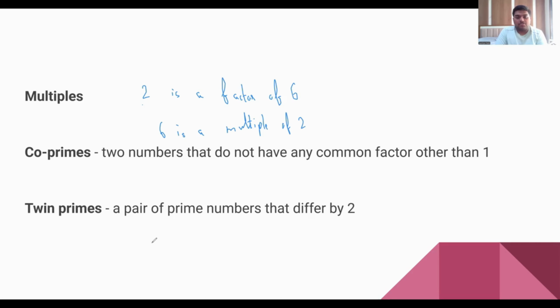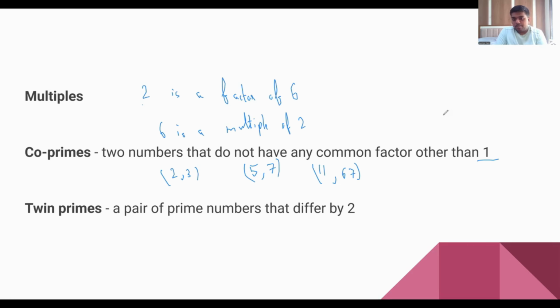Now, co-primes. Two numbers that do not have any common factor other than 1 are called co-prime numbers. For example, any pair of prime numbers will be co-prime for sure. For example, 2, 3, 5, 7, 11, 67, and so on.